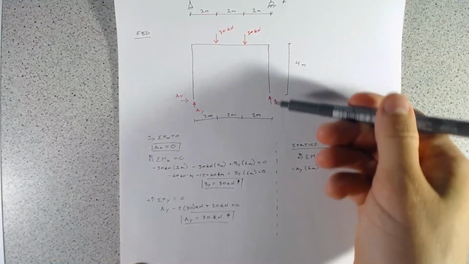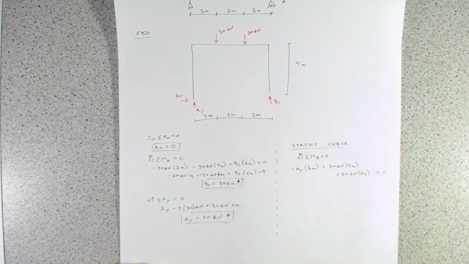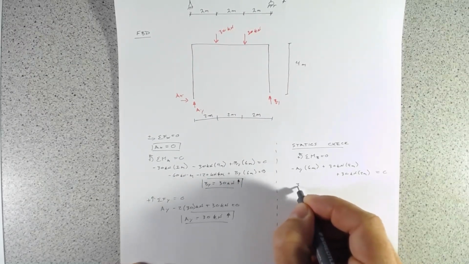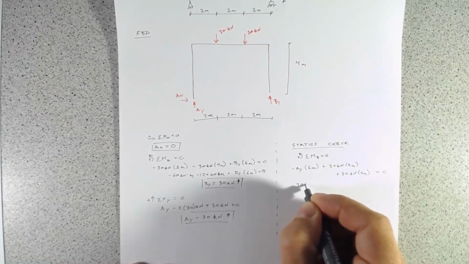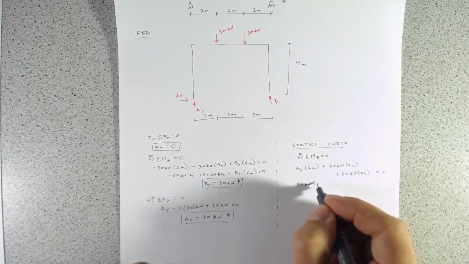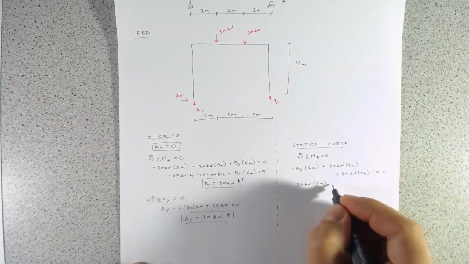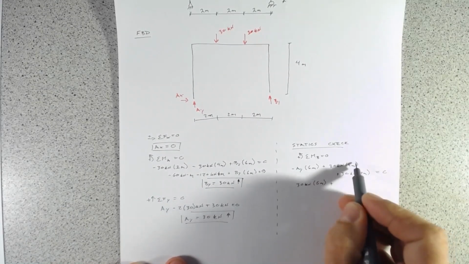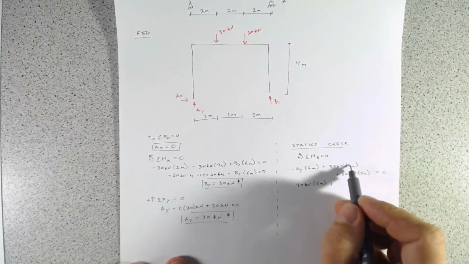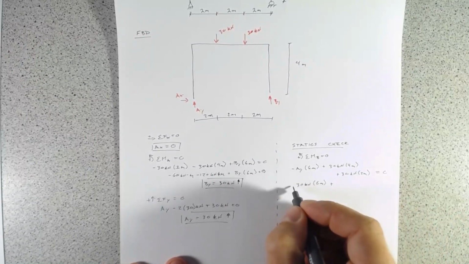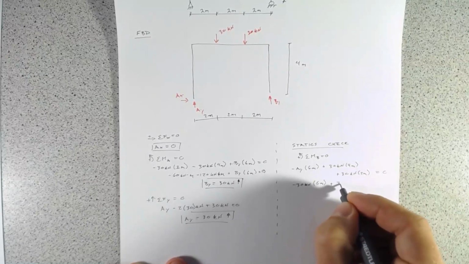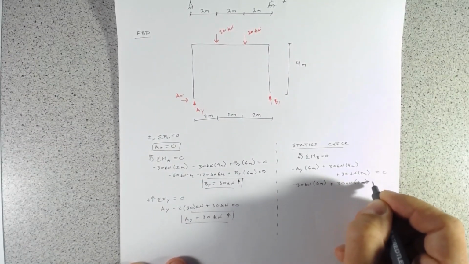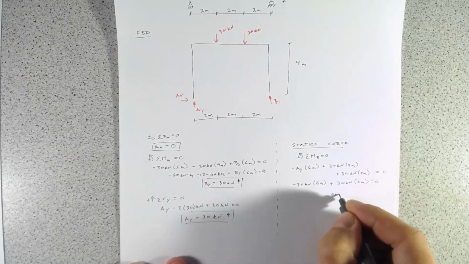AX has no horizontal distance from B, so there's no moment generated there. We get minus 30 kilonewtons times 6 meters plus 30 times 4 plus 30 times 2. We can factor out the 30, and we have 4 plus 2, which is 6 meters. Sorry, that's a negative there. And we get 30 kilonewtons times 6 meters minus 30 kilonewtons times 6 meters equals 0. We end up with 0 equals 0.